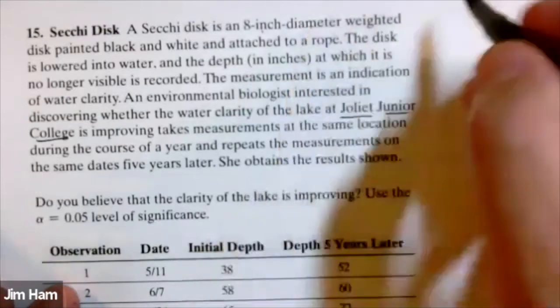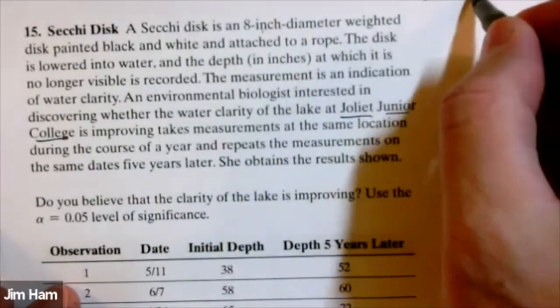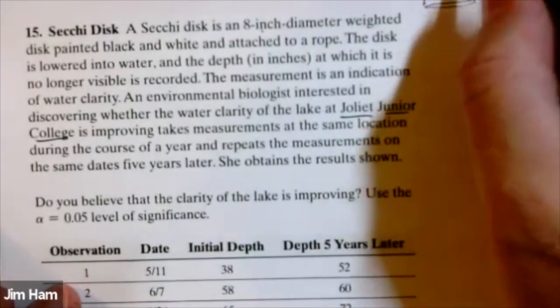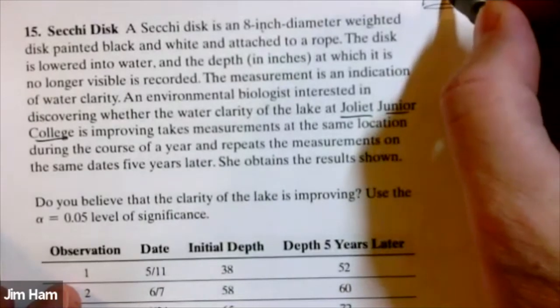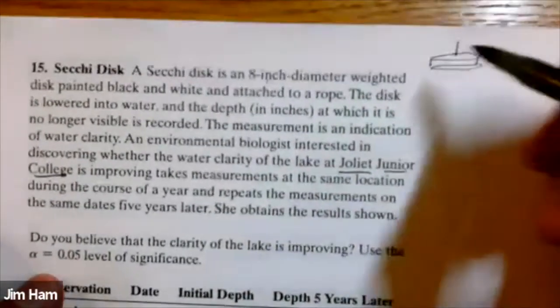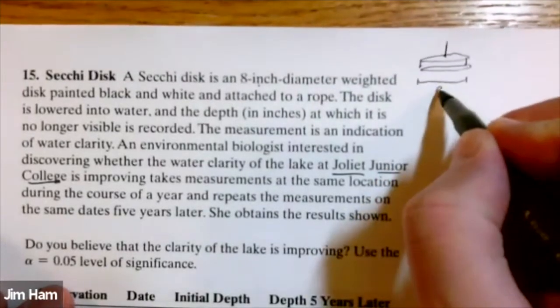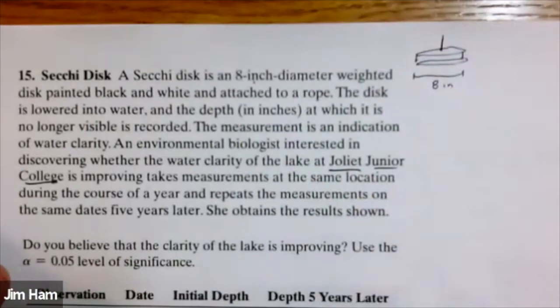So just imagine it's like a discus, and they can somehow drop it. A rope attached to it here. It's a disc. It weighs, it's got a diameter of 8 inches. And they just lower it into the water. And they watch it. And you may have seen some bodies of water, like pools, for example. They keep a lot of chlorine in there. You can see all the way down to the bottom.